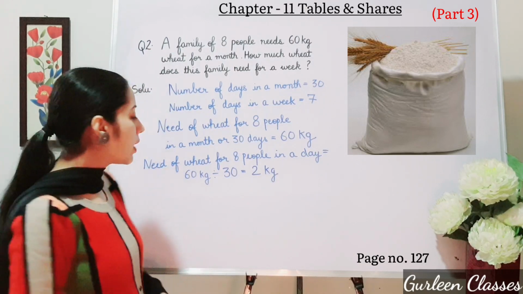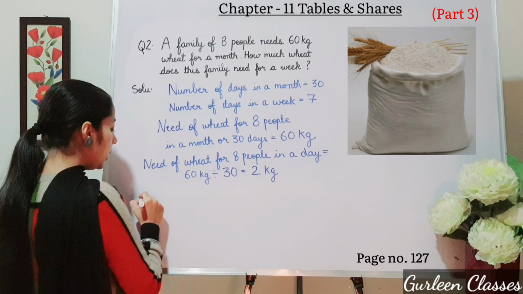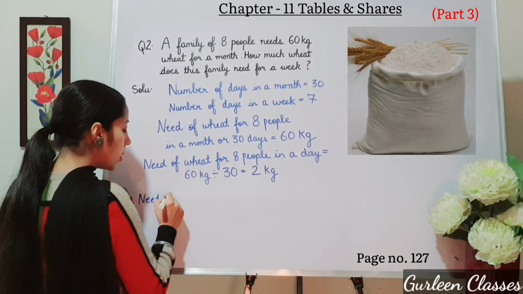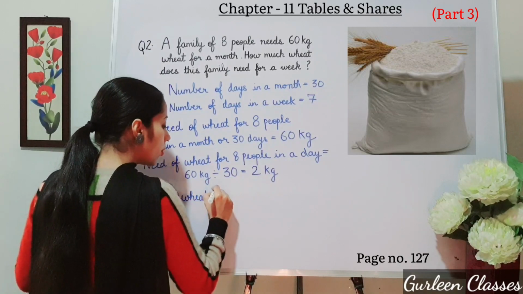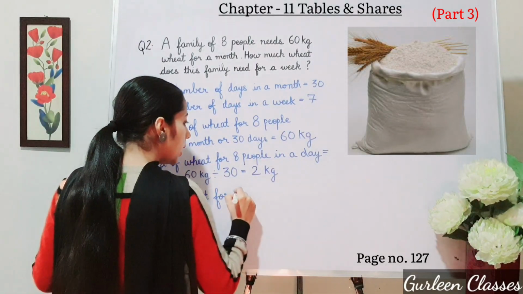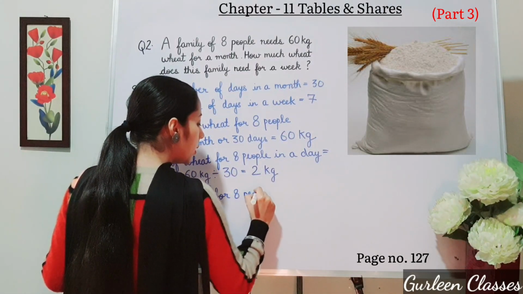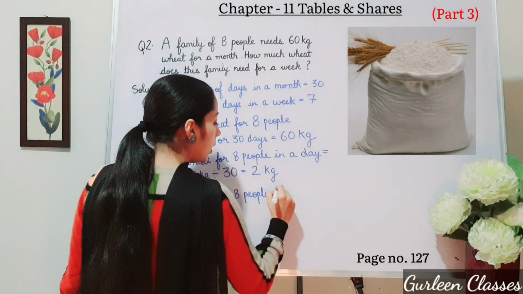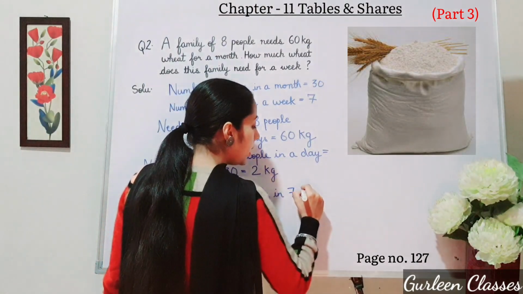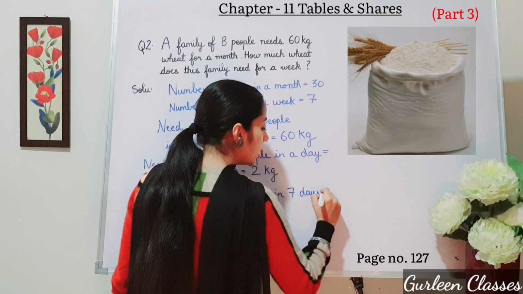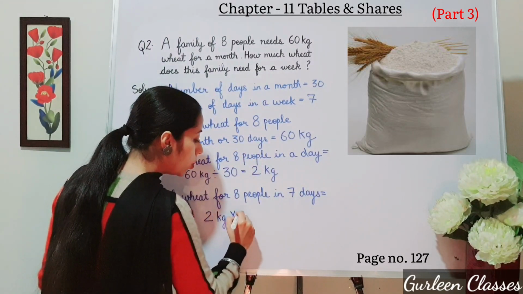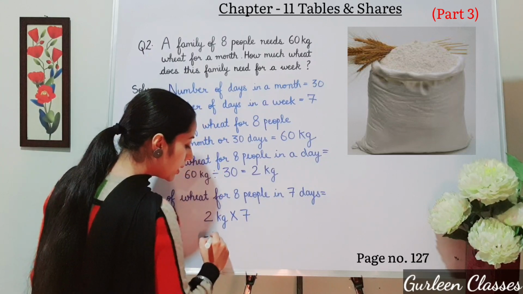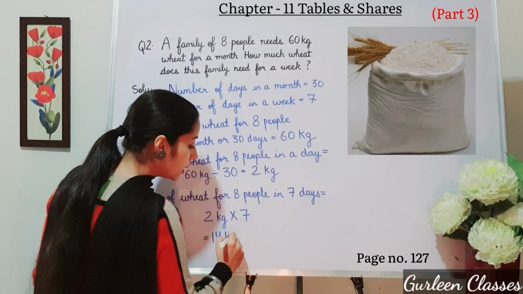Now let us write here need of wheat for 8 people in 7 days is equal to 2 kg into 7, that is 14 kg.